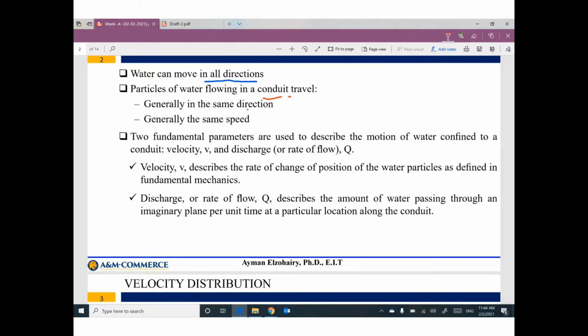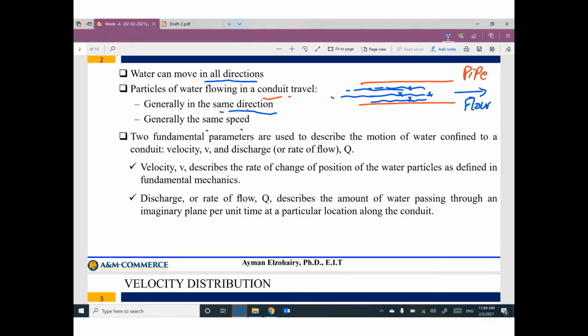If you have a pipe like this and you have water inside this pipe, and this is the direction of flow, all particles of water are moving in the same direction, generally at the same speed.